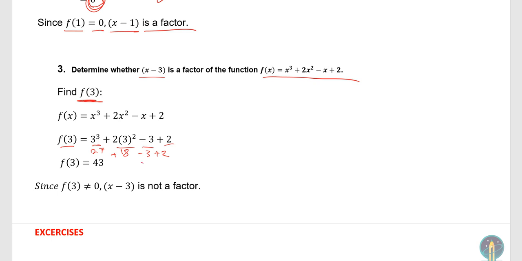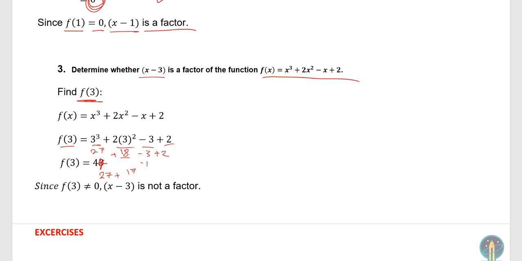So minus 3 plus 2 is minus 1. 18 minus 1 is 17. 27 plus 17 is 44.